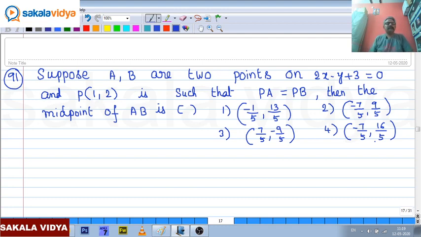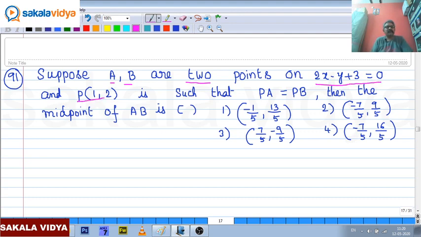So now suppose A, B are 2 points on the line 2x minus y plus 3 is equal to 0.